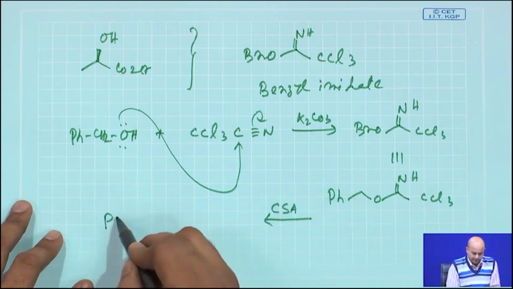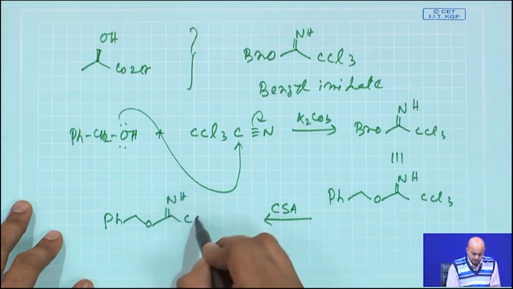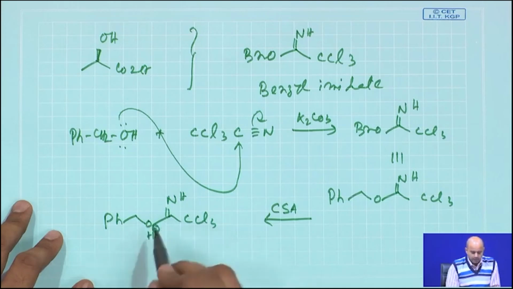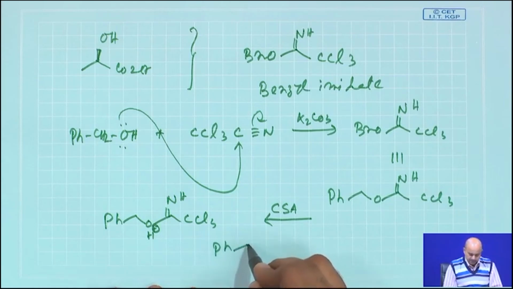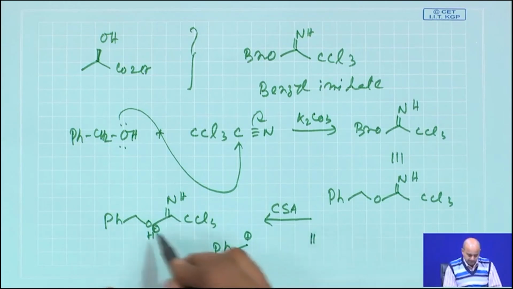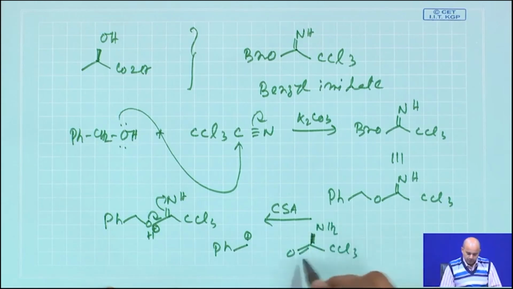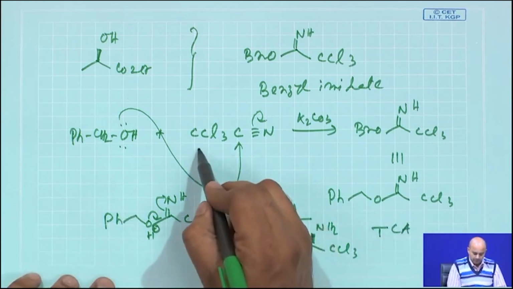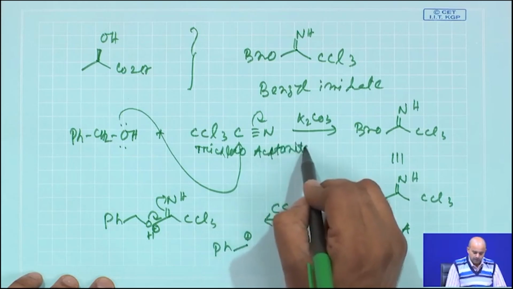It is first protonated, and then it gives you a simple benzyl cation, with this oxygen shifted to give the protonated species. So, you will get CCl3CONH2, which is trichloroacetamide.